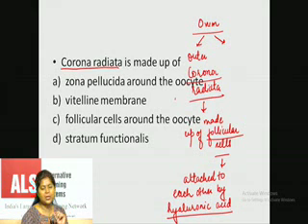It is a cementing material that attaches the different follicular cells to form the outermost layer of the ovum called the corona radiata. Okay, talking about structure of ovum. Clear? It's characteristic of the mammalian egg.